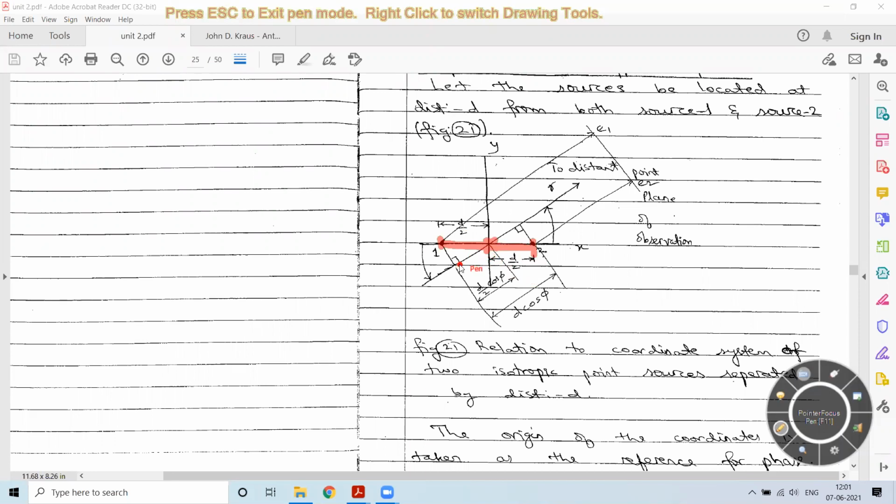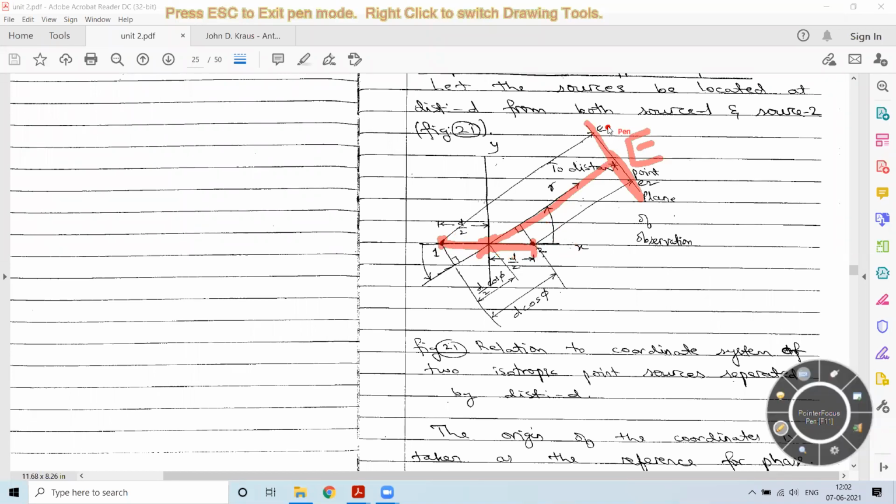When I measure the angular variations, if I have a field at this point and I move to a distance r, on the observation plane, with respect to this reference point, what is the total field? Then we need to estimate the phase variations due to source 1 and source 2 and obtain the overall representation.